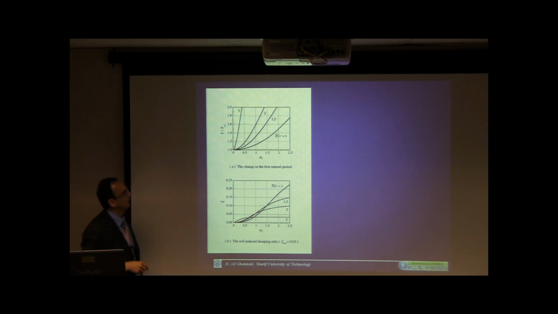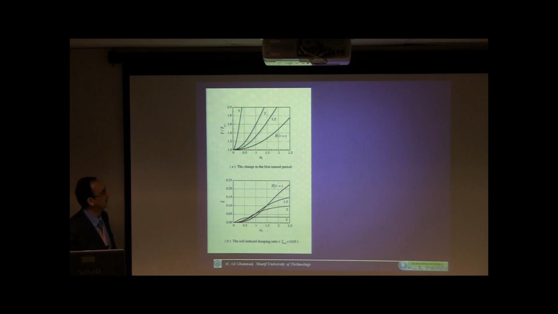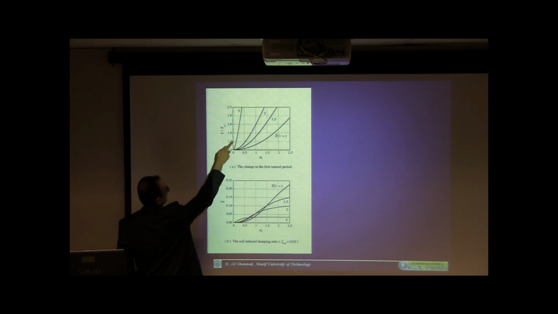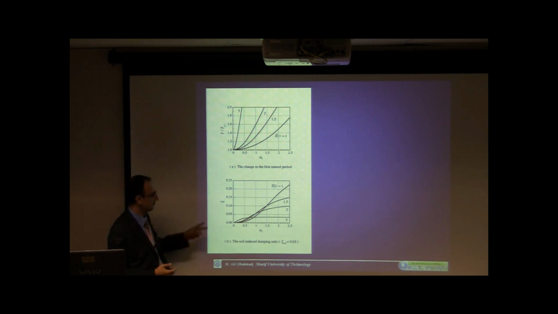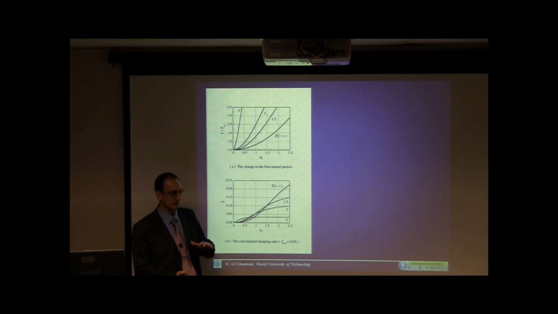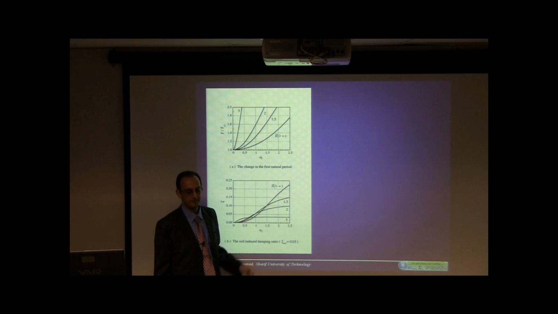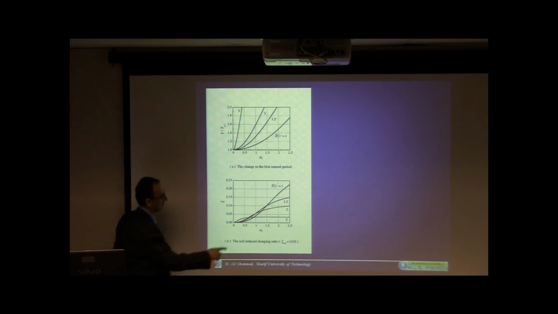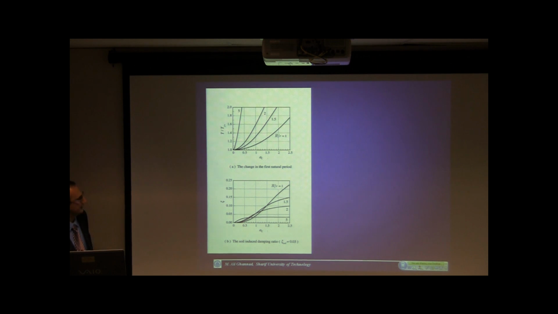Graphs for different structures with different aspect ratios, as can be seen. The period of slender structures is more affected by soil structure interaction. But for the case of damping, it's the squatty buildings, the short buildings, that are more affected by soil structure interaction and may have a large damping ratio.